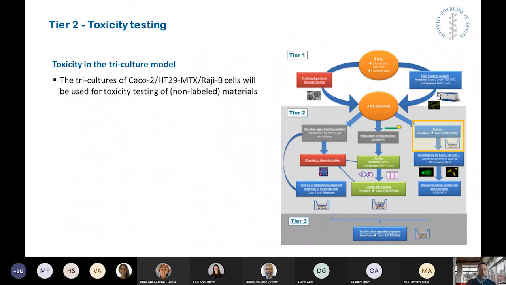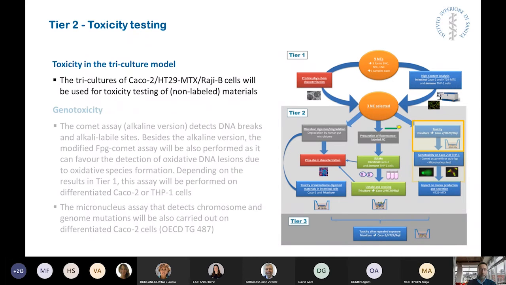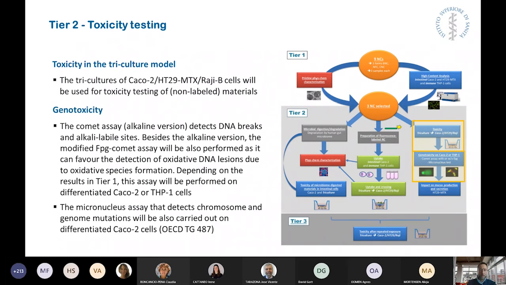Tier 2 will also entail a series of toxicity testing studies. Toxicity will be tested in the culture models shown, but genotoxicity will also be investigated using both the COMET assay in different versions and the micronucleus assay.